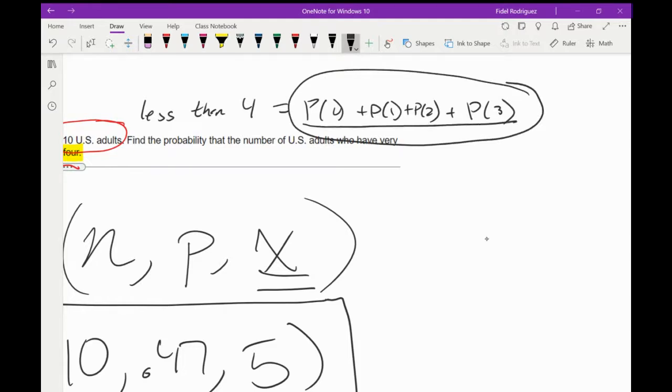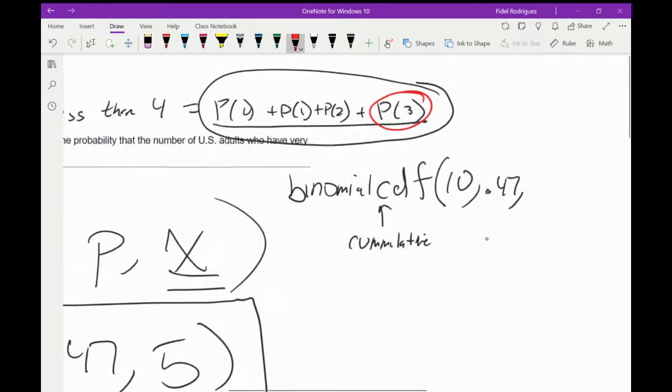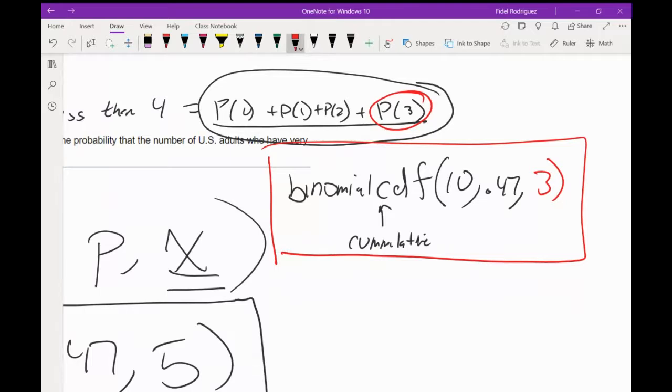The way I can find this piece, y'all, is again using my Binomial Cdf, because remember, that means cumulative, right? I'm adding them up. My n is still 10. My probability is still 0.47. And where are we stopping at? We're stopping at 3, right? So again, I'm just going to do this piece right here, y'all, on my calculator.